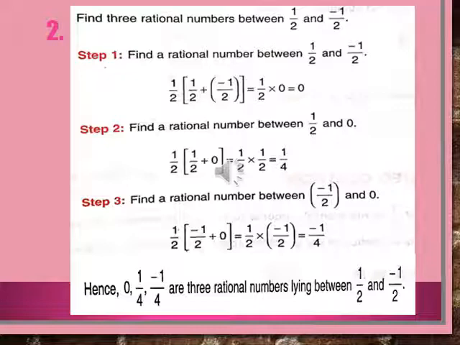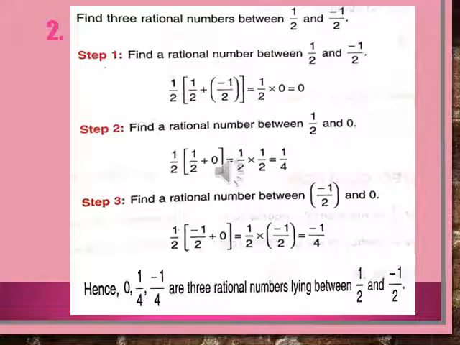Now we will find the third number, and for the third number we will take the first number 0 and -1/2. So -1/2 plus 0 equals -1/2. Then multiply this by 1/2. That gives you -1/4.